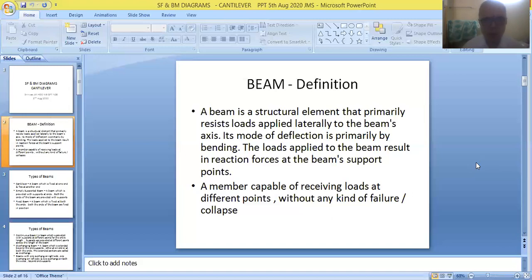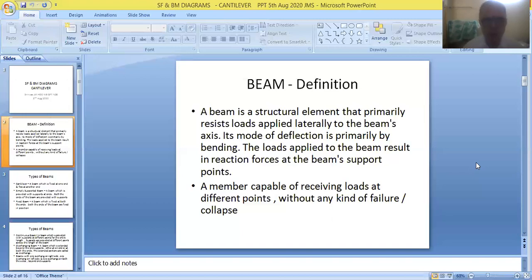So different loads will be acting in perpendicular direction. Beams will be arranged in horizontal position, and different loads will be acting in vertical direction. That means they will be acting in perpendicular direction at different points on the beam.